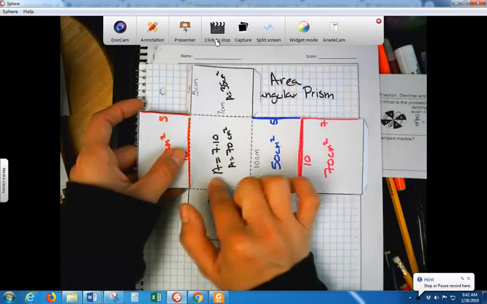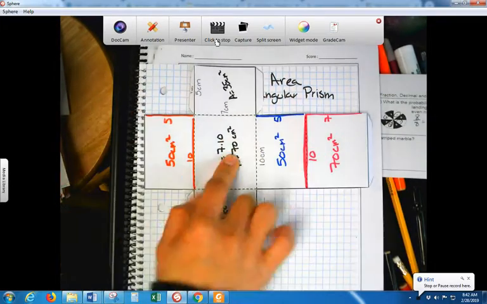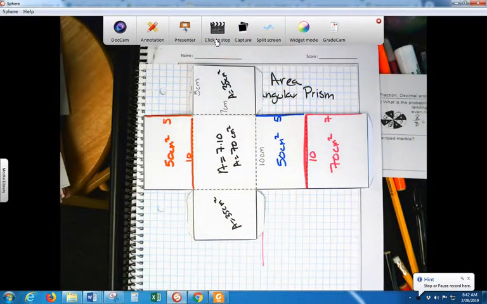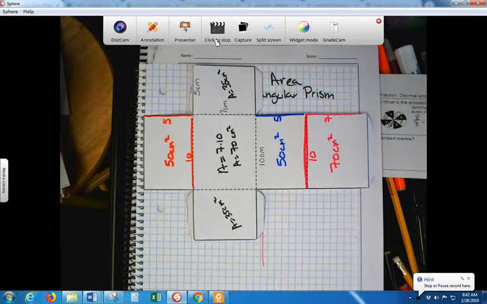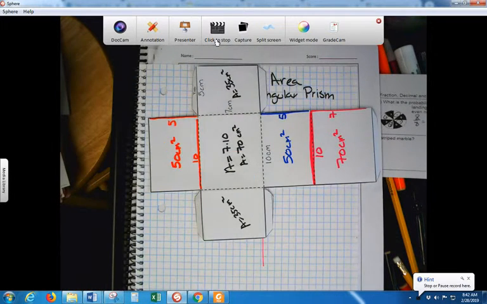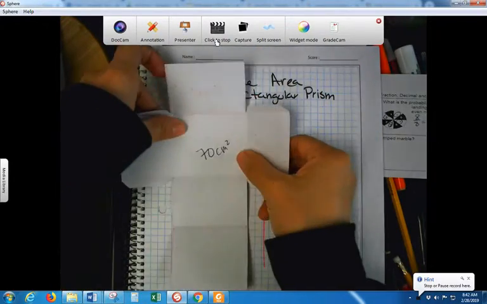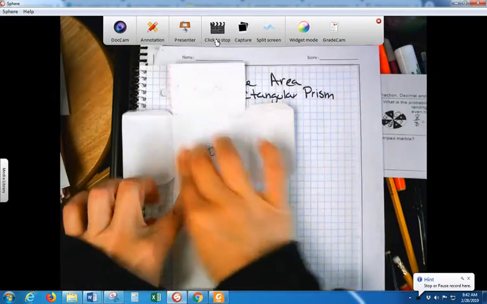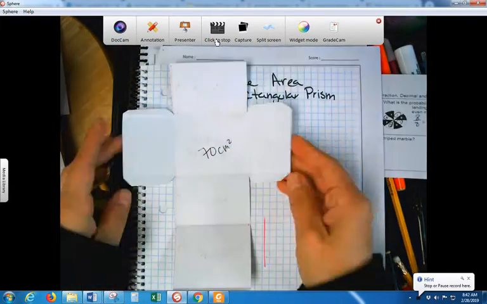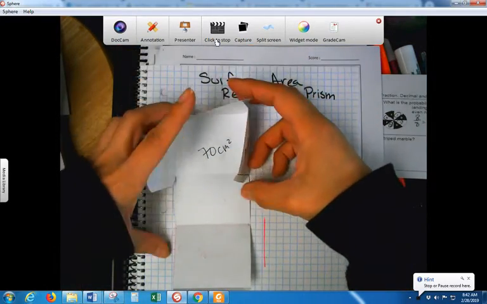Put a little bit of glue right there. And that way when you fold it and you want to see all the work, it's still there.